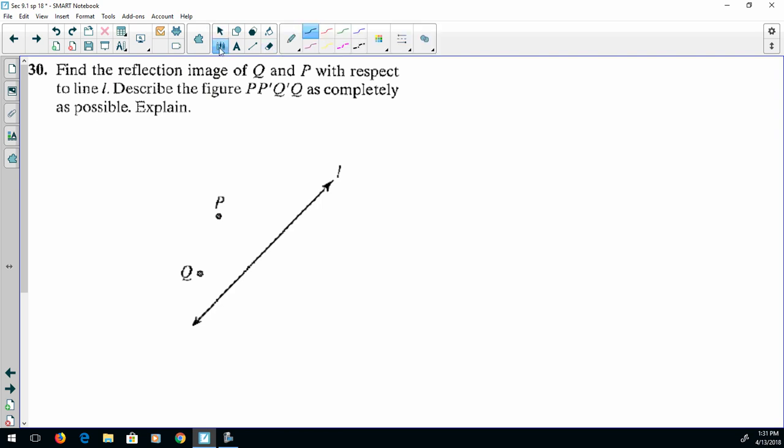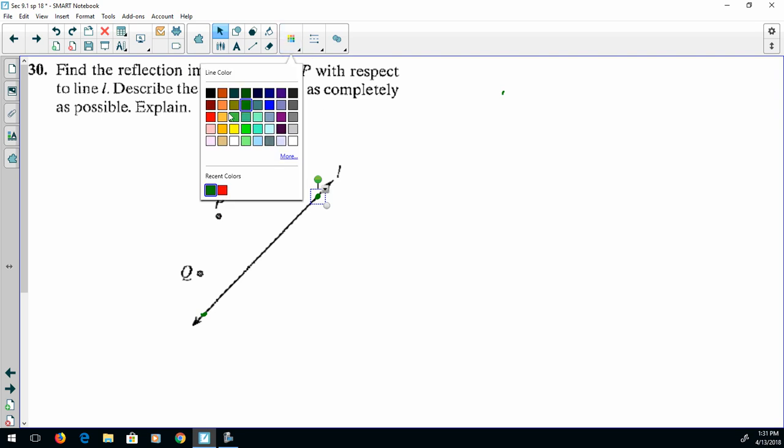I'm going to put one there and there. When you're doing these types of constructions, though, it generally helps to pick points that are a little bit far apart. Let's make them red so they show up real well. Things turn out to be a little bit more accurate if your points are kind of far apart.